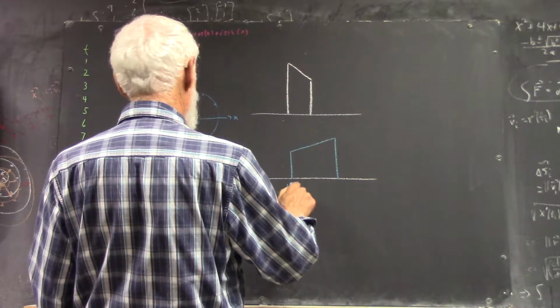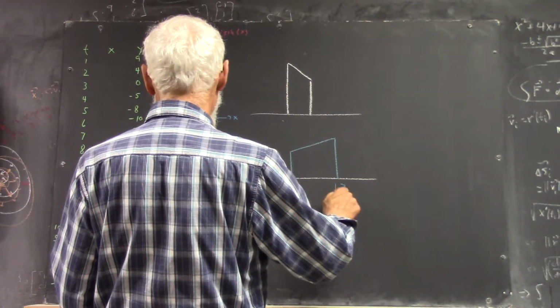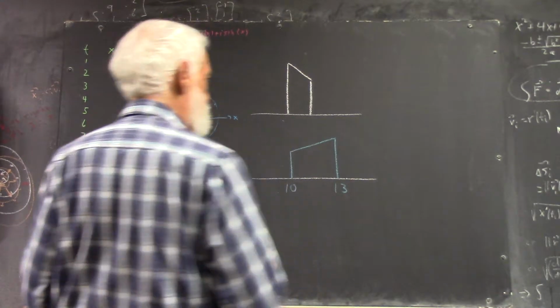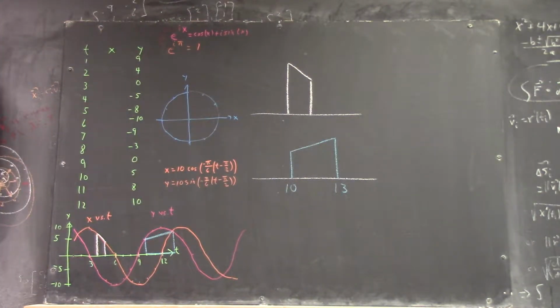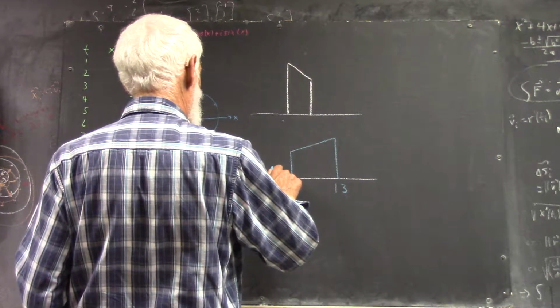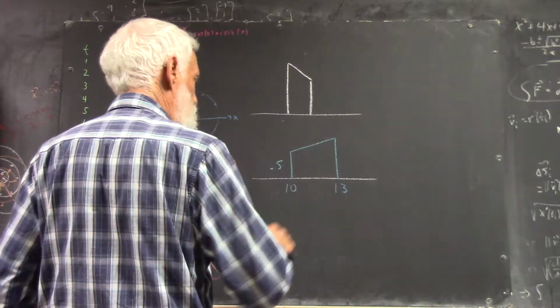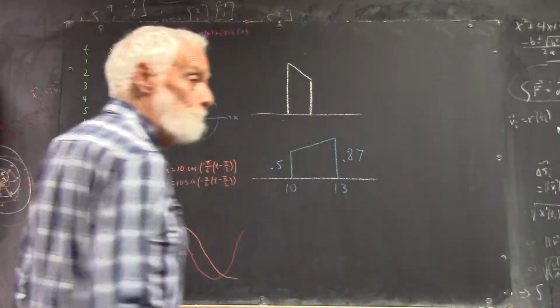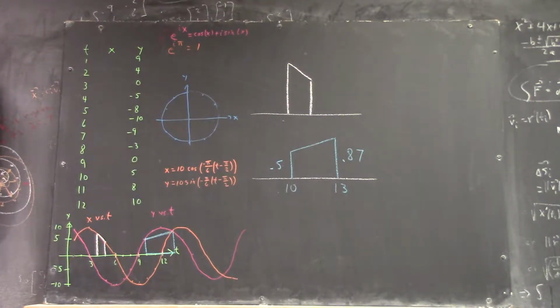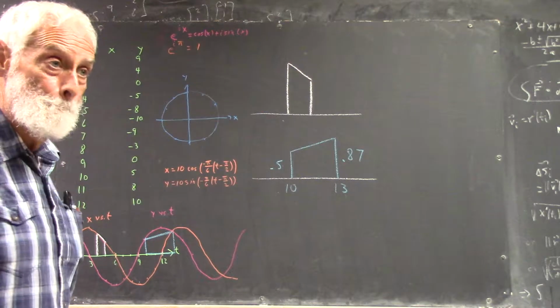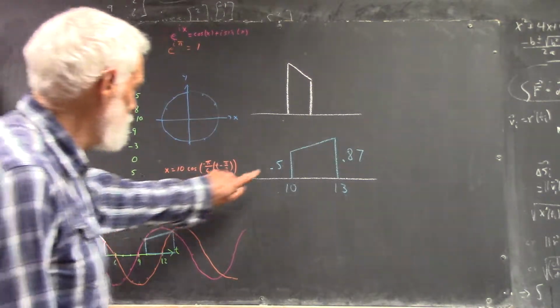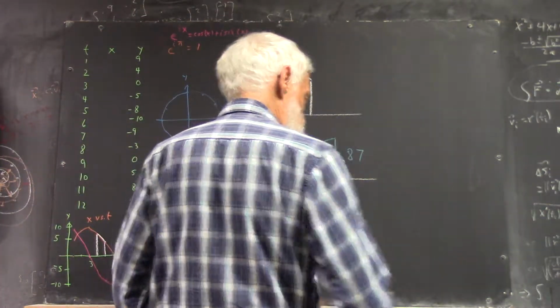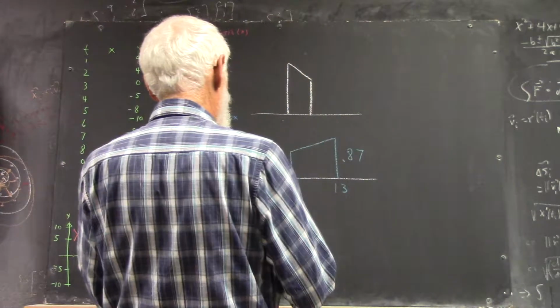Okay, now t is 10 here, and it's 13 here. Right? And the height here is 0.5, and the height here is, I'm going to go ahead and use decimal approximations, approximately 0.87, that's the square root of 3 divided by 2 to 2 significant figures.